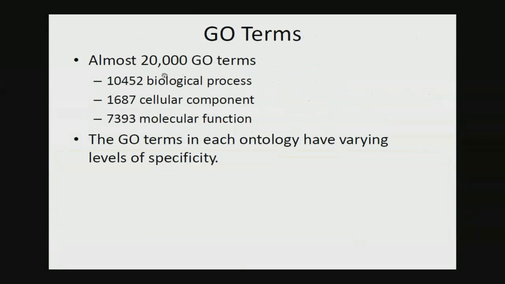There are almost 20,000 GO terms, with tens of thousands involved in biological process, just less than 2,000 involved in cellular components, and about 800 in molecular function. I believe this number is outdated. It grows now, but that's the idea. And the GO terms in each ontology have varying levels of specificity.